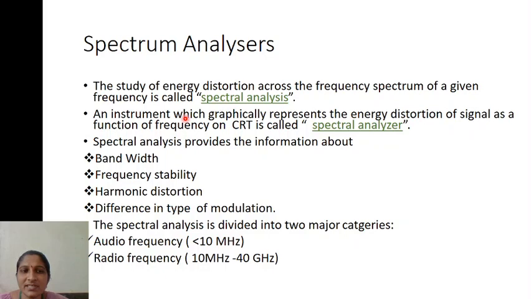The instruments which show this analysis graphically are known as spectrum analyzers. Usually the instrument used is a CRT. An instrument which graphically represents the energy distribution of a signal as a function of frequency on a cathode ray tube is called a spectrum analyzer.